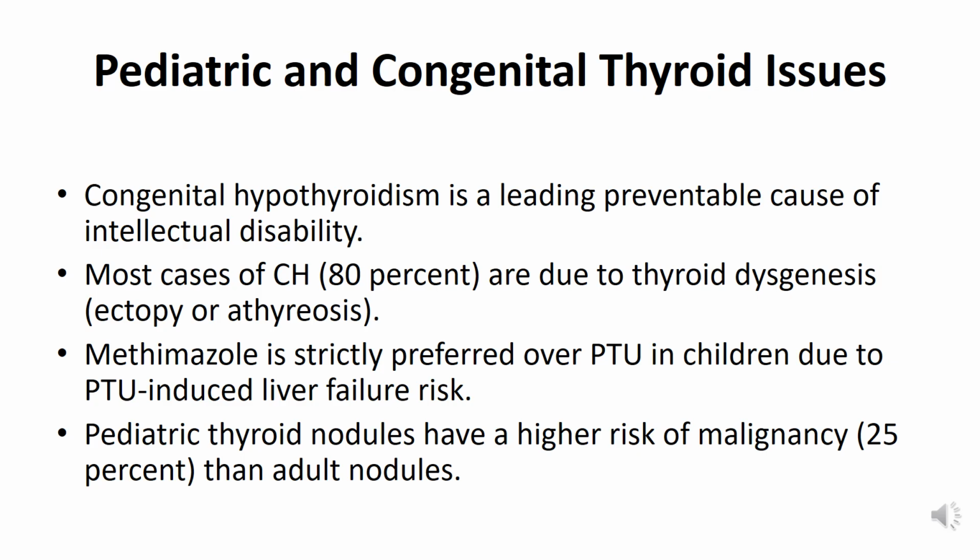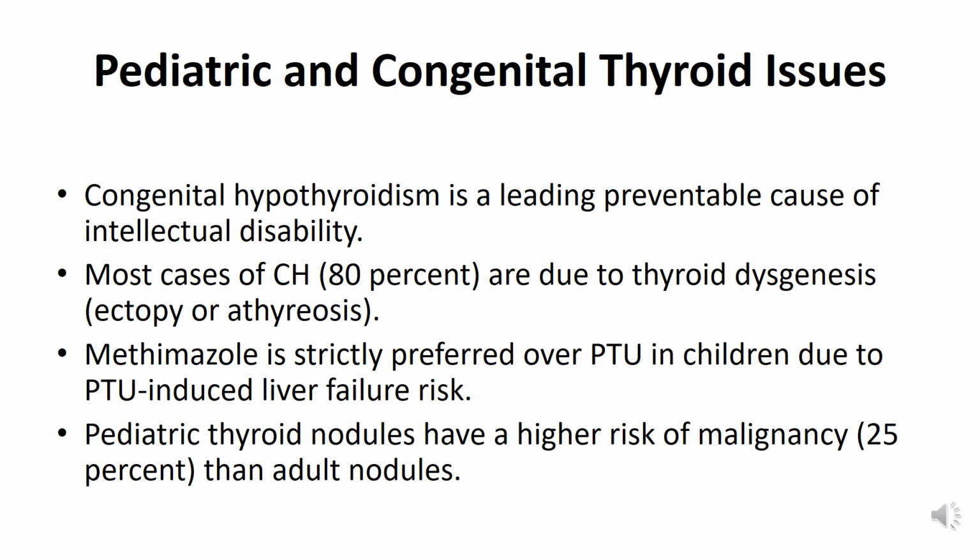Children can also develop hyperthyroidism, most commonly from Graves' disease. When antithyroid medications are needed in pediatric patients, methimazole is strongly preferred over propylthiouracil, also called PTU. The reason is safety. Propylthiouracil has been associated with rare but severe liver failure in children.